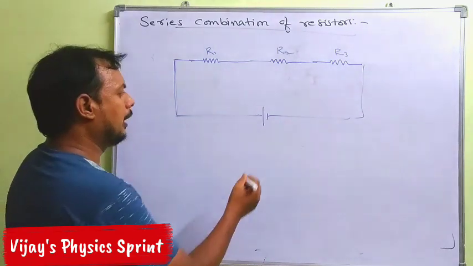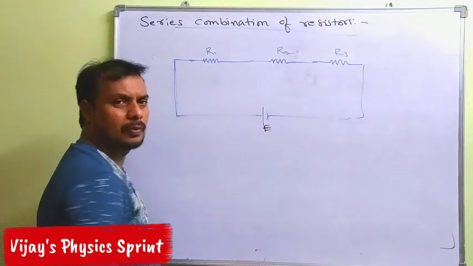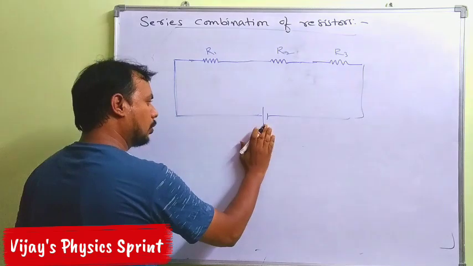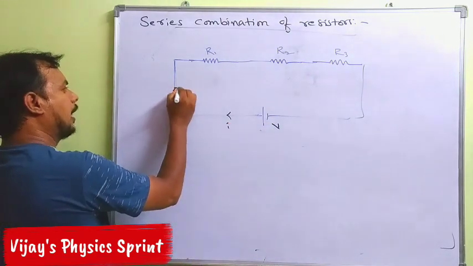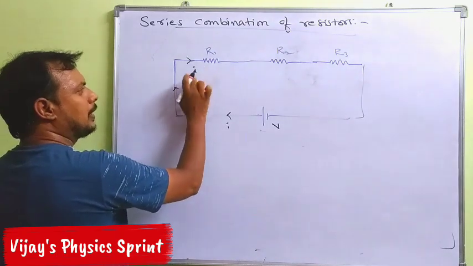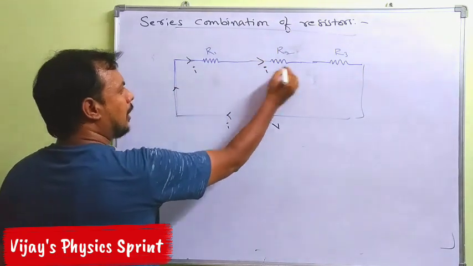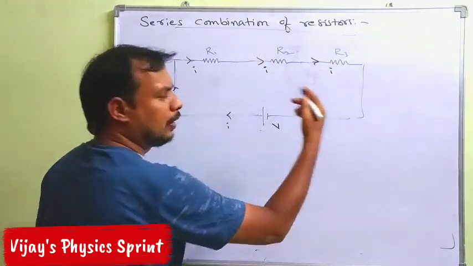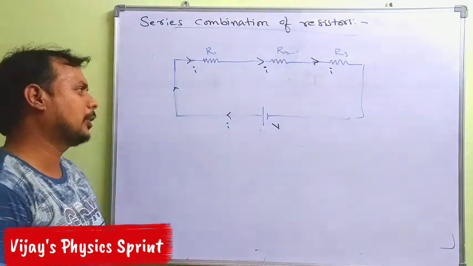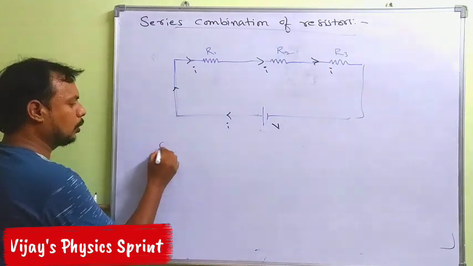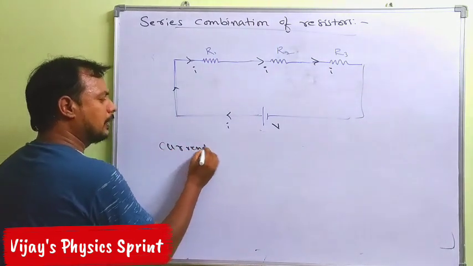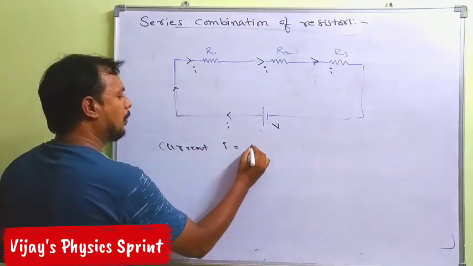And the applied EMF is E, or voltage V, and the current through the circuit is I. Through the first resistor, I. The same current flows through the remaining resistors R2 and as well as R3. So in series combination, the current passing through all the resistors is same.